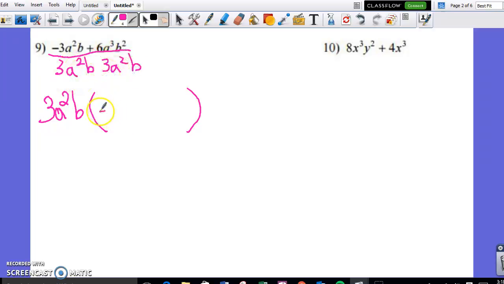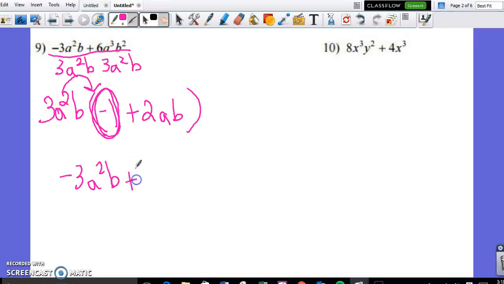When you're done, you're going to have a -1, or just a negative, plus 2, because that's how many times it can go in, a, and then you're going to have a b left over. You've got to have this placeholder here so that if you multiply this times that, you get -3a squared b plus 6a to the third b squared. So it's just this big cycle.